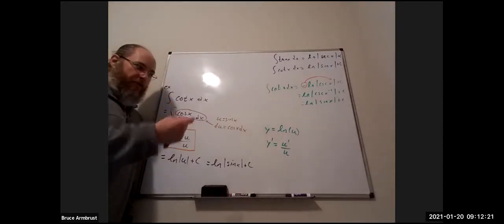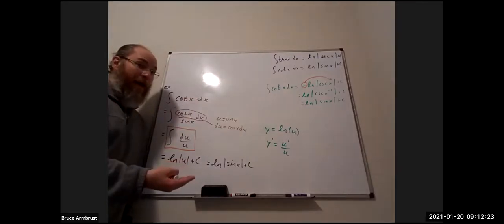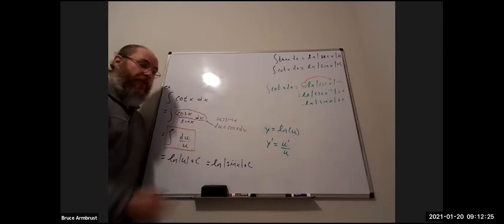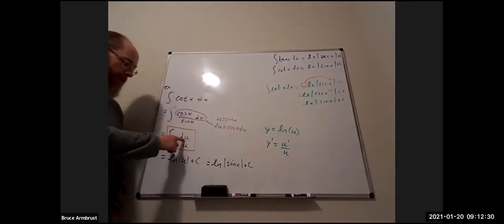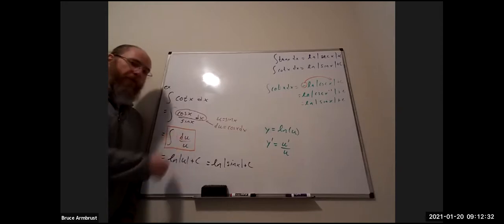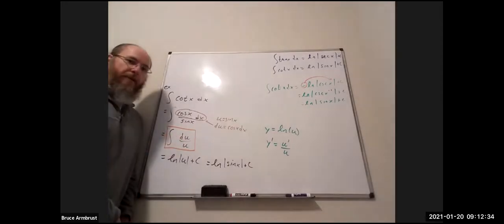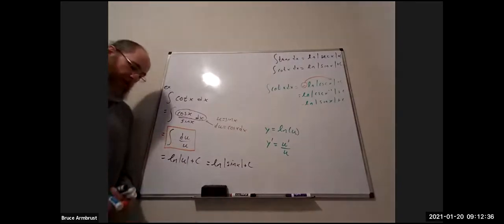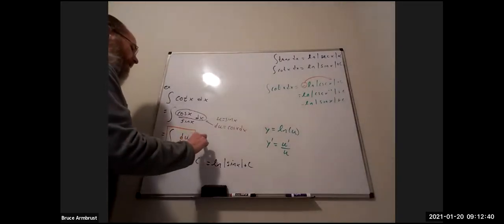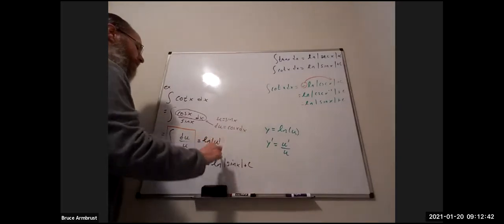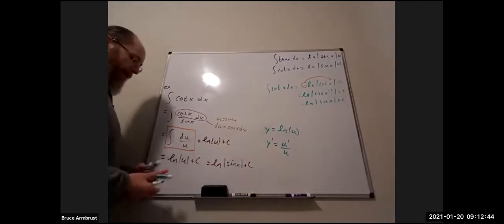What was inside the natural log went into the bottom, and its derivative went on top. Well, notice this form, du over u, that's u prime over u. And so always, when you end up with this form, du over u, you're going to get natural log of u plus C.